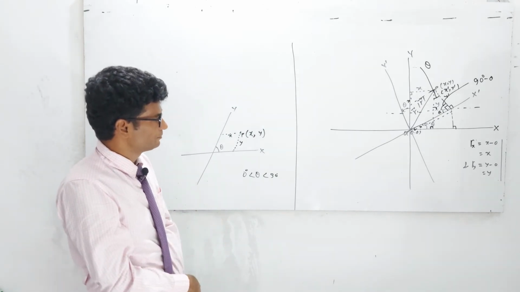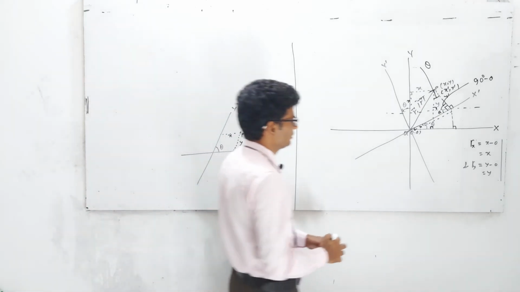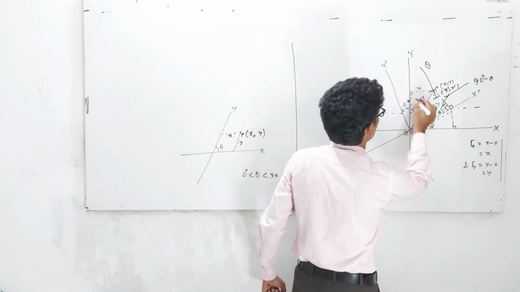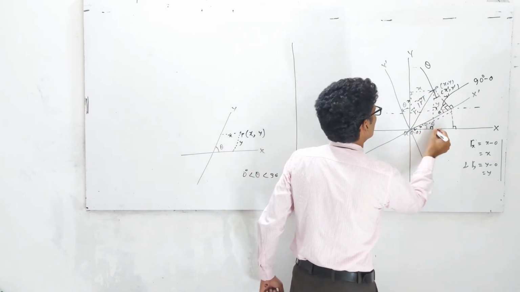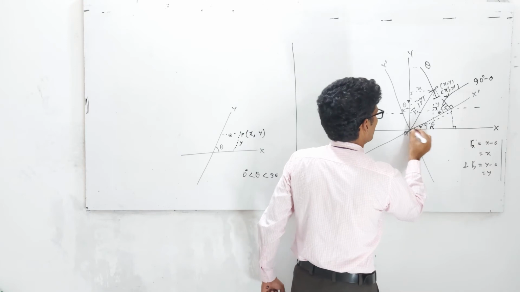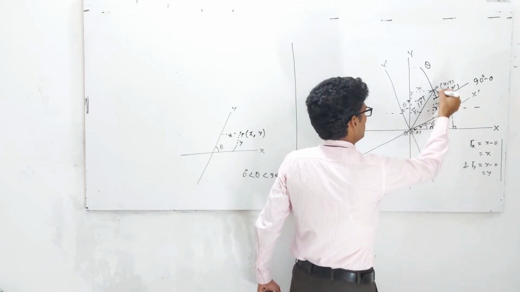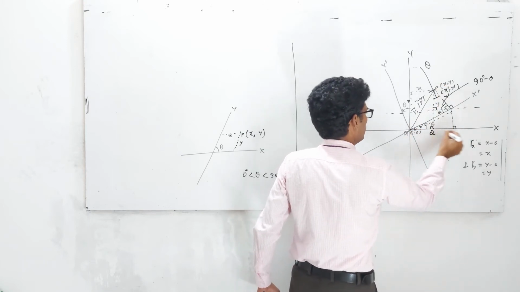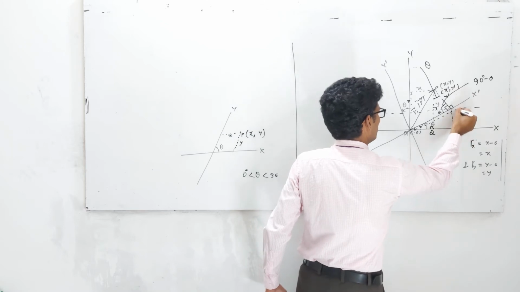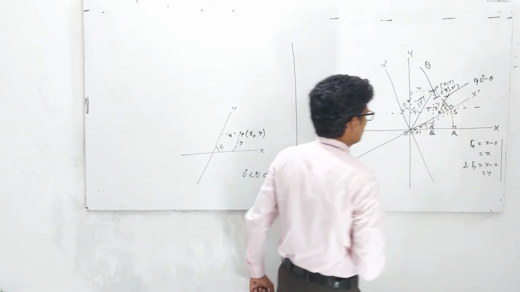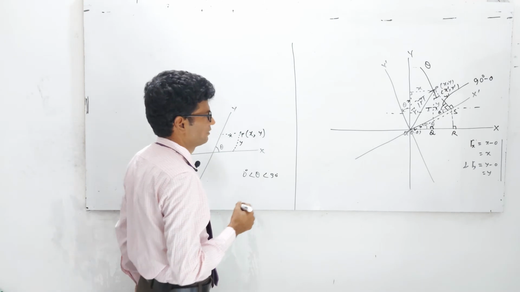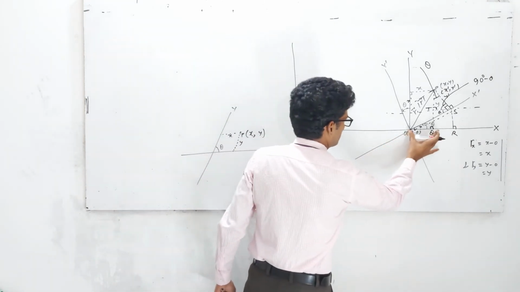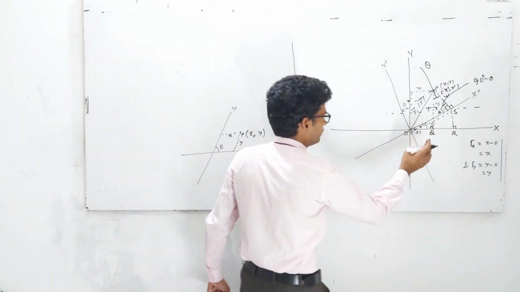Now from the figure, this is the x here, and this is say P, Q, R, S, T. So x is our OQ.